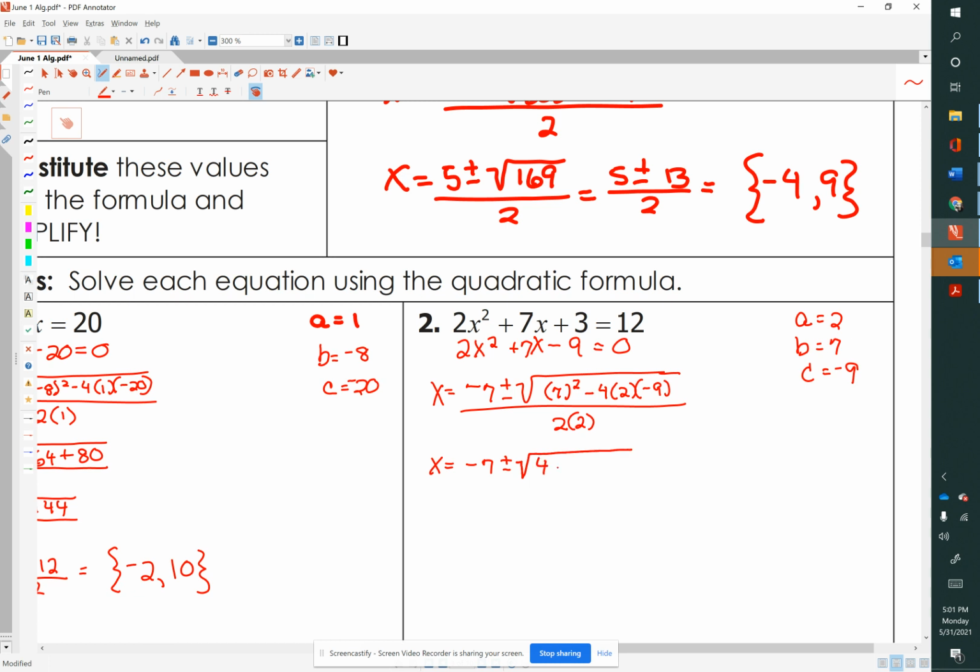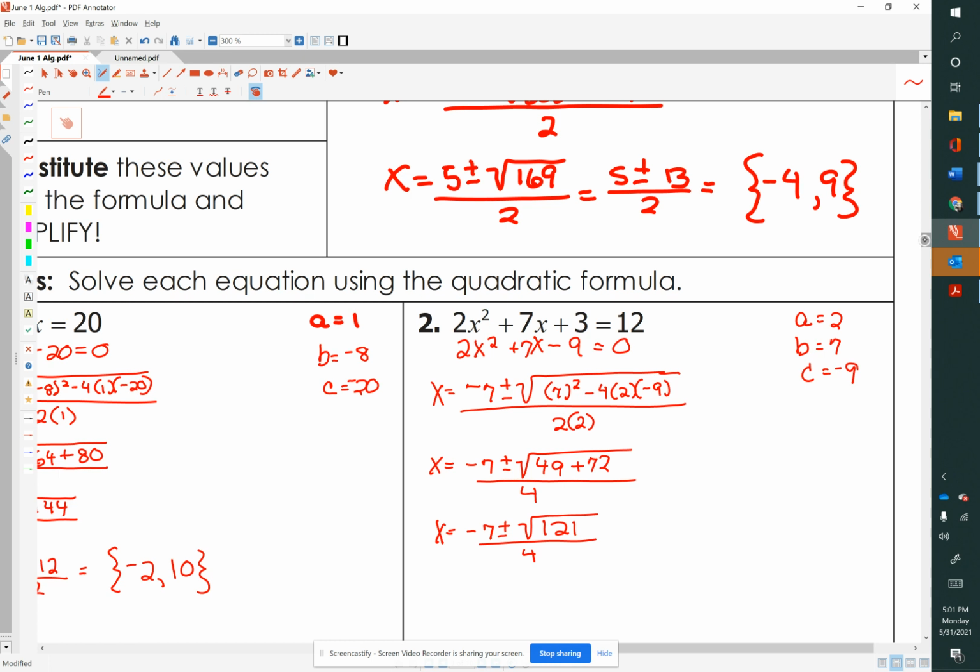That'll give us 49 plus 72, and 2 times 2, of course, is 4. We'll simplify further. x equals -7 plus or minus, now we have the square root of 121, all of that divided by 4.